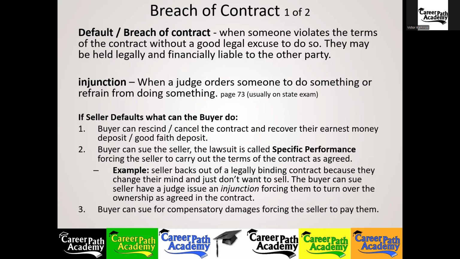So default or breach, once again, is when somebody violates the terms of the contract without having a good legal excuse to do so. Back on page 73, we highlighted what an injunction is, and that's when a judge orders somebody to do something or to refrain from doing something.